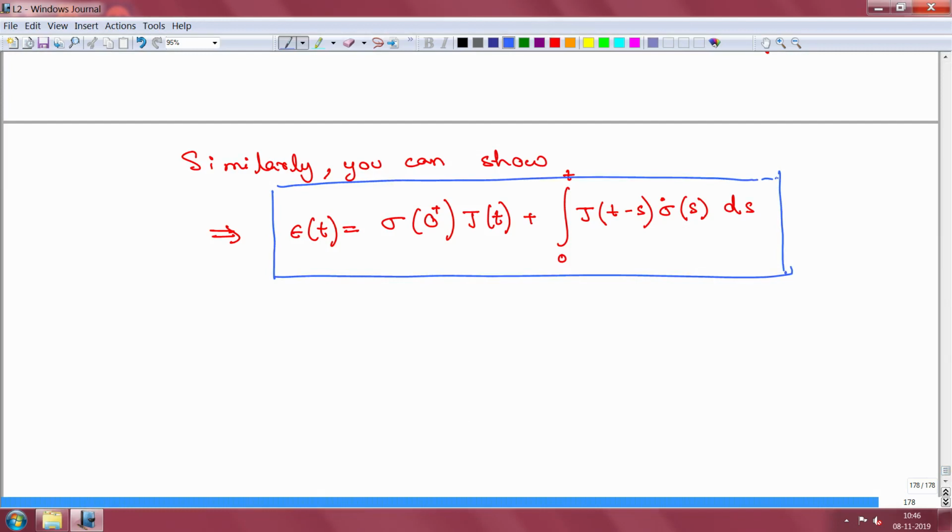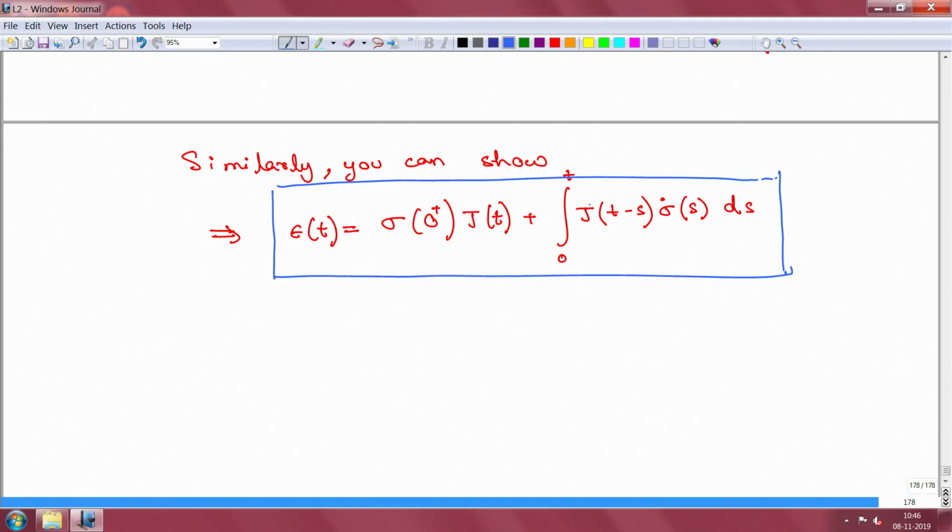And a simple note: in some of the books you will find this expression in a slightly different format. Here, if you look at this integral on the right hand side, it goes from 0 to t. It is a definite integral, and the lower limit of time is 0, but you can also put minus infinity to the current time t, in which case this particular expression will simply be merged with the integral, and you will just be left with one convolution integral.